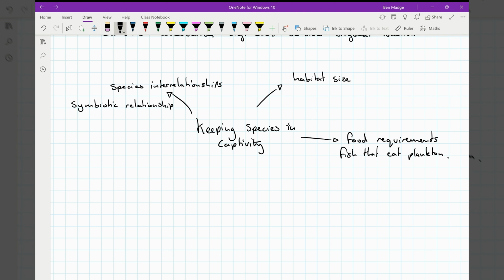So something like mycorrhizal fungi between a tree and the fungi in the soil, or pollinators like the large blue butterfly that overwinters in ant nests. That's going to be difficult to do in a cage because we're going to have to keep the ants to then keep the butterfly alive.